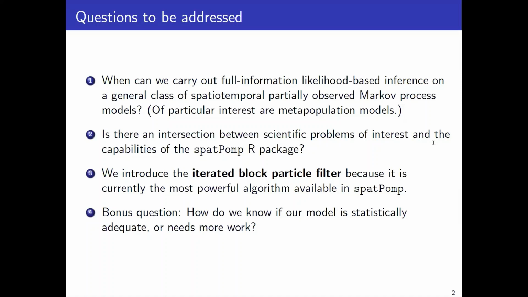And when you can do theory for these things, you can also try to do data analysis. If you try to do data analysis, you're going to be limited by software. The particular software package we've been developing to implement our methods and other people's methods, as long as we can figure out how to implement them, is the R package pomp.